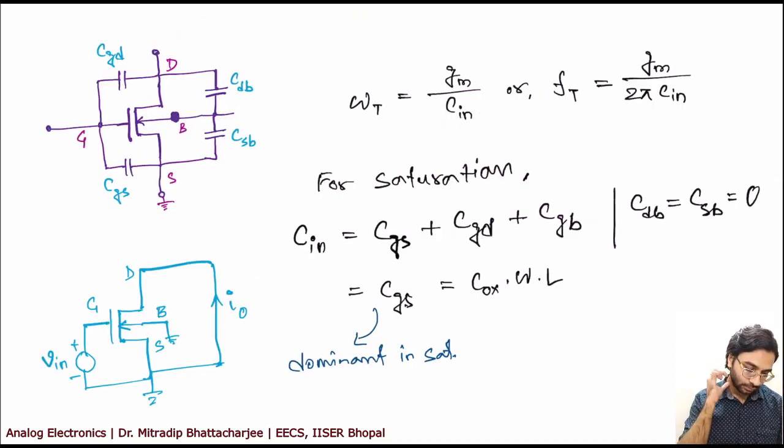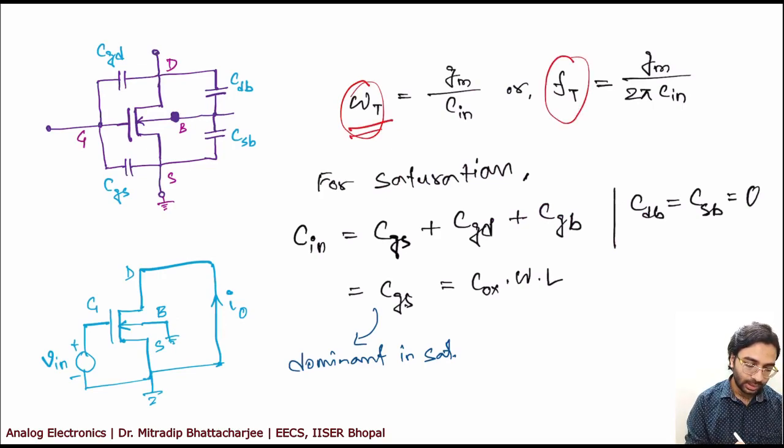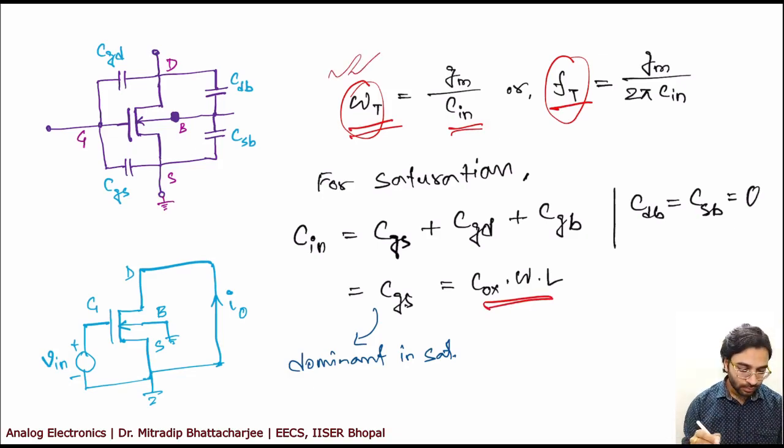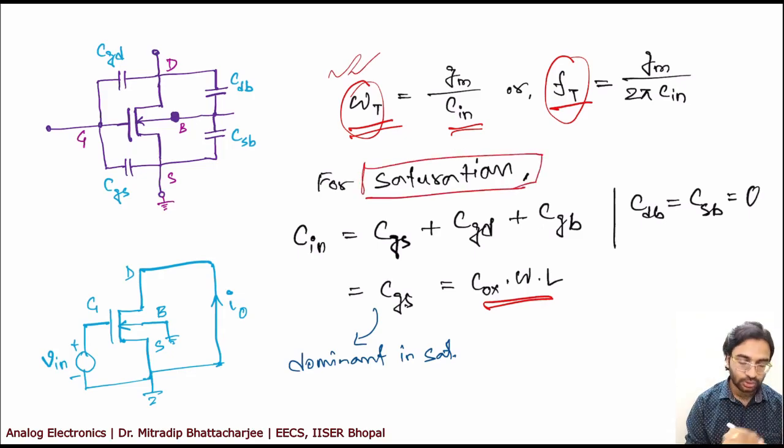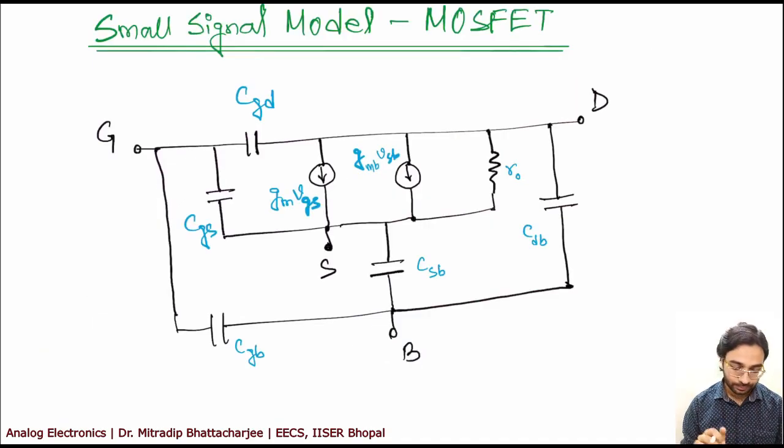I calculated how omega t is influenced by Cin, and what the value of Cin is, so you now have the value of omega t as well. We calculated it for saturation because our operation is in saturation mode.